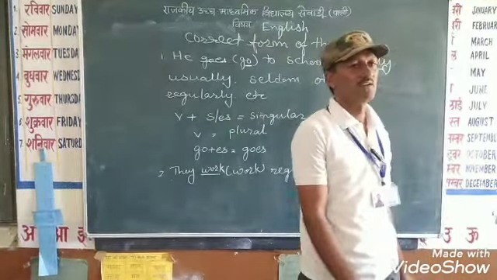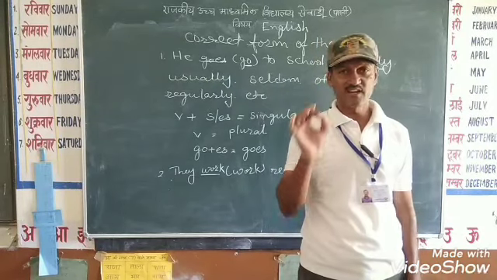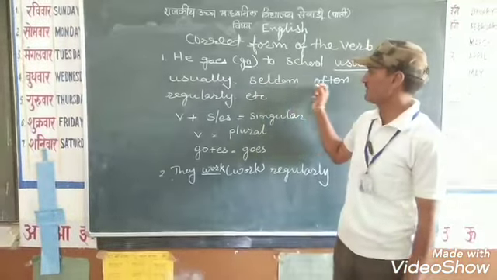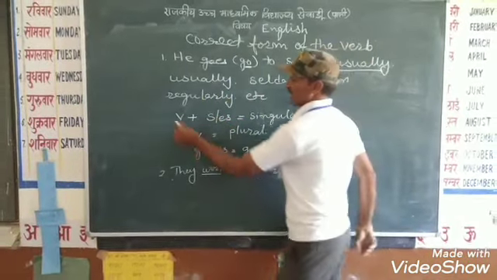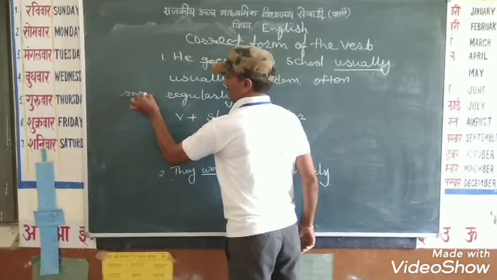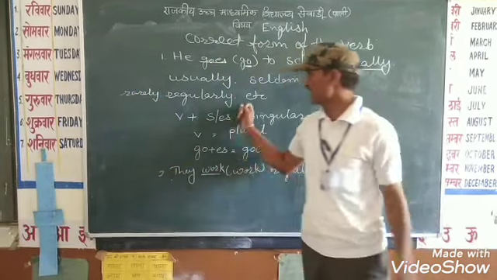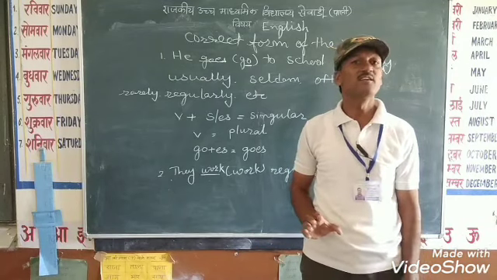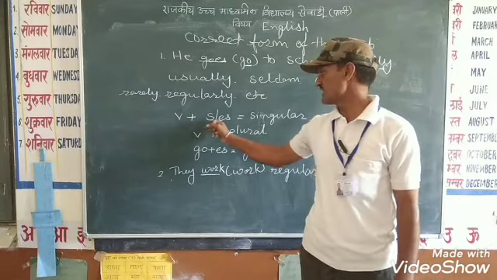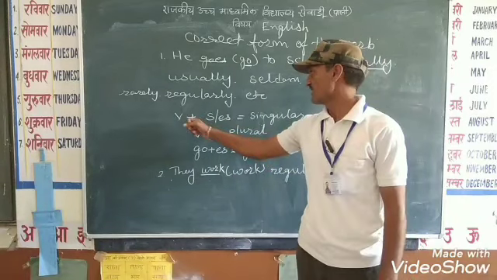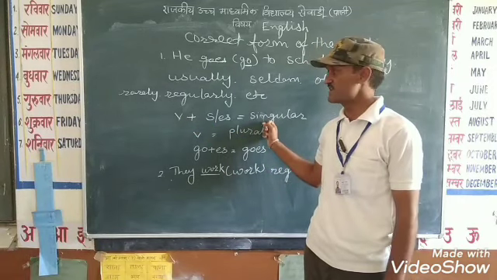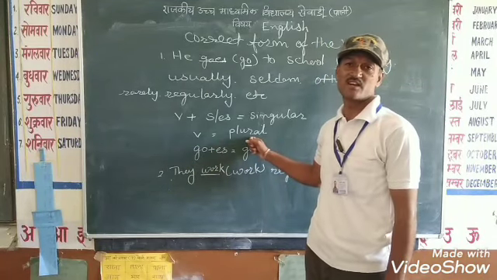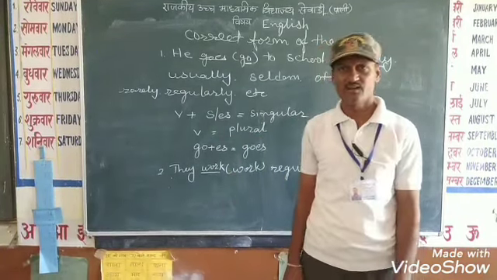Thus, in present indefinite tense, when words like usually, seldom, often, regularly, rarely, etc. are written, then we use S or ES with a singular subject and the same verb if the subject is plural.